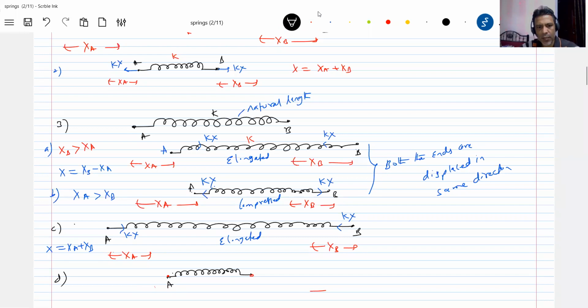And this is the position of A and B. So both the ends got compressed, no? xa and this is xb. Now, what is the state of the spring? It is said to be compressed. Again, what is the elongation or compression? You have to write xa plus xb. Then how will you show the spring force? It will be in this direction.